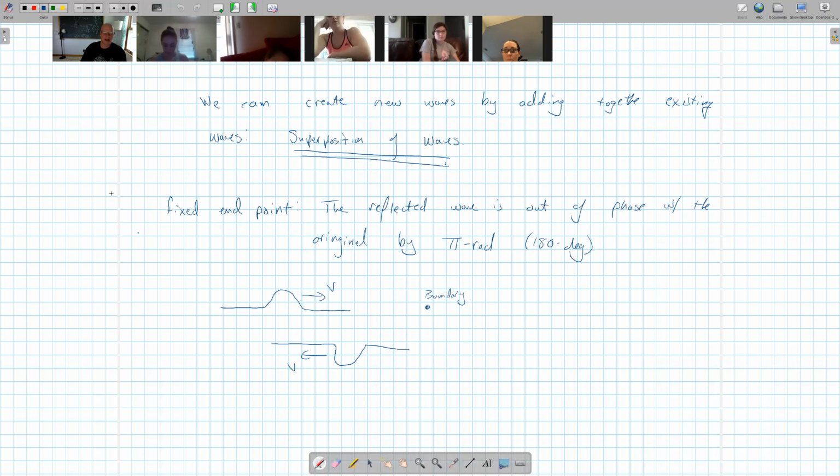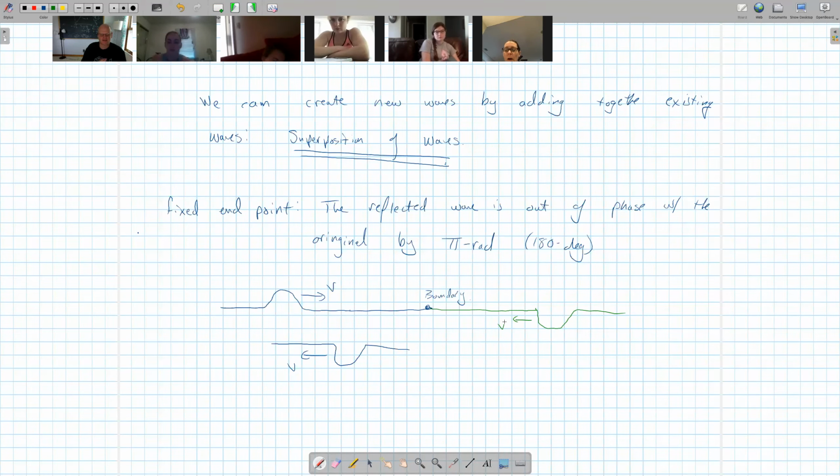Initially we have this wave moving to the right, heading towards the boundary. But then we imagine that somewhere out in space we have another wave moving with exactly the same speed, in the opposite direction, with the opposite amplitude.